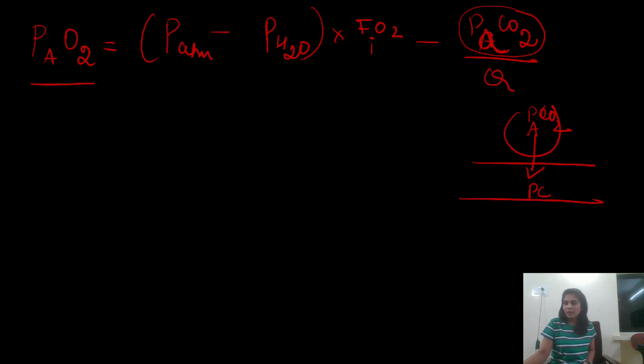And you don't have to go to the pulmonary capillary either, because it is going to be the same in any peripheral artery. Using an arterial blood gas analyzer, you can find the arterial partial pressure of carbon dioxide, and that can be substituted in this formula.